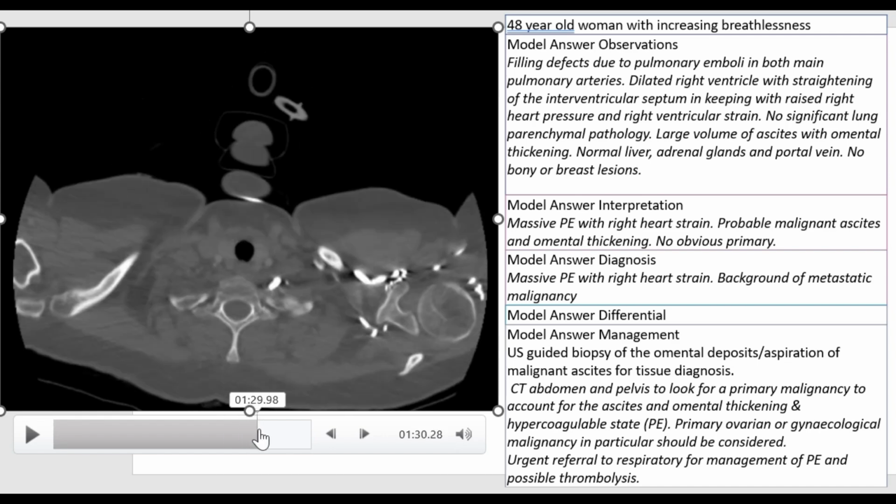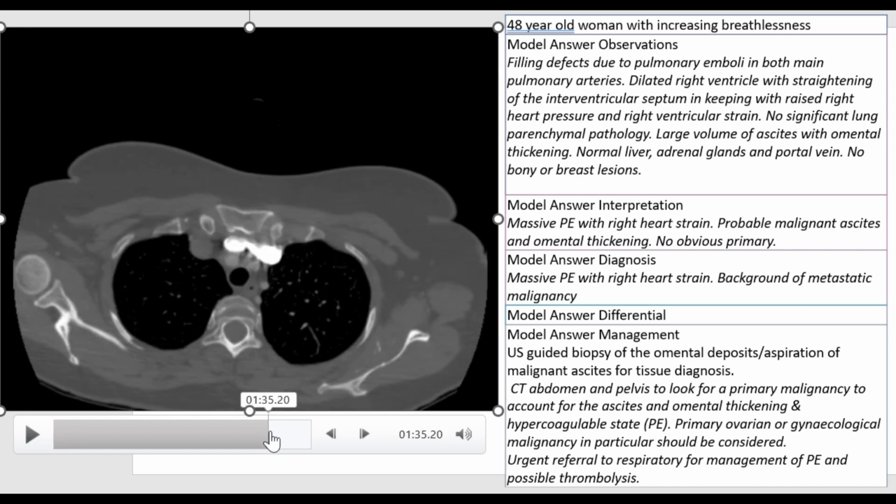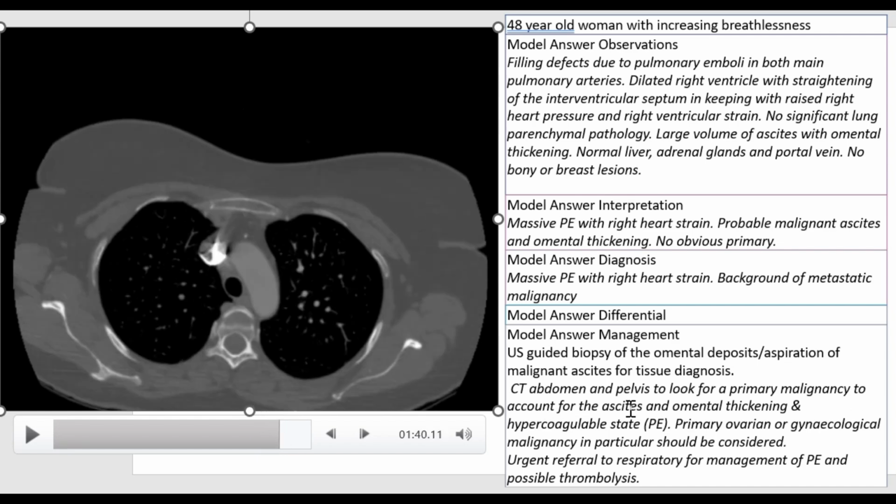So he needs CT scan of the abdomen and the pelvis to look for the primary malignancy, especially the ovarian and gynecological malignancy, which is the cause of the malignant ascites and the omental deposits, and also the cause of the hypercoagulable state and the development of the pulmonary emboli.